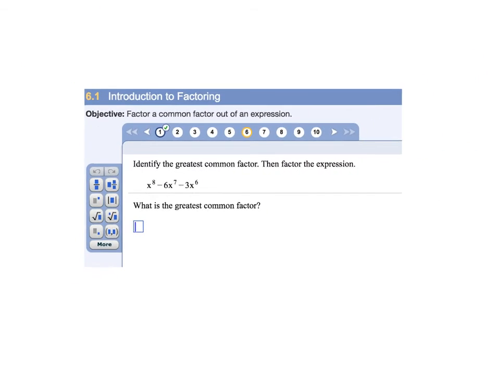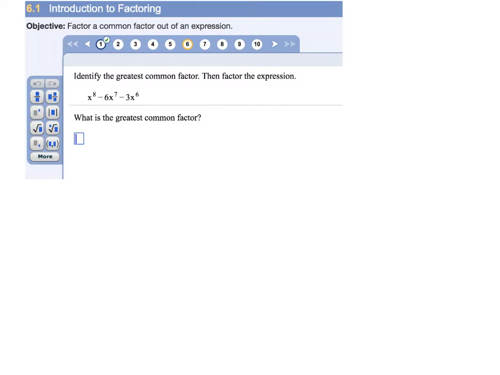All right, so starting with this ugly polynomial, x to the 8th minus 6x to the 7th minus 3x to the 6th. And if I'm going to factor this out, I see that there's no coefficient that is common in all of them. Because this has a 3, this has a 6, and this has just a 1.